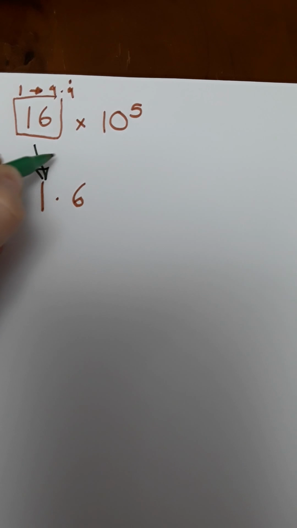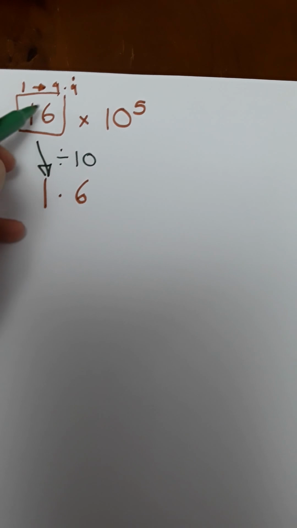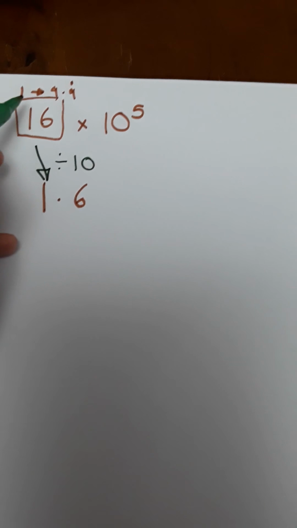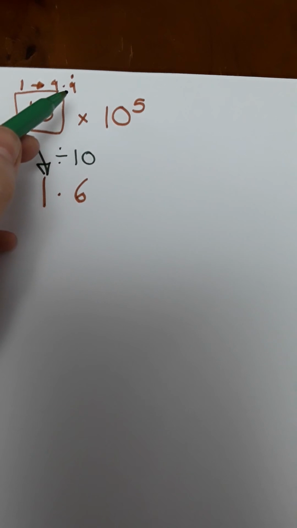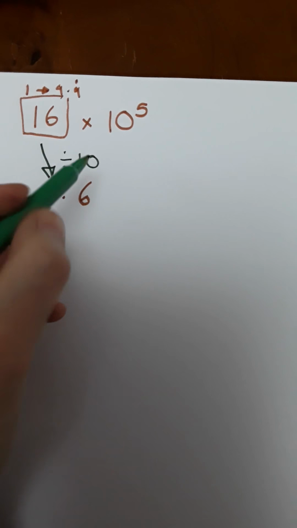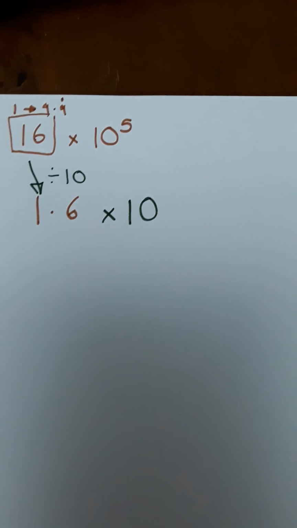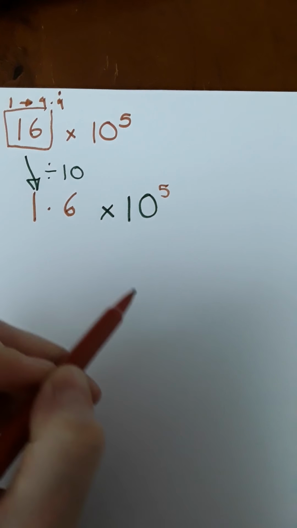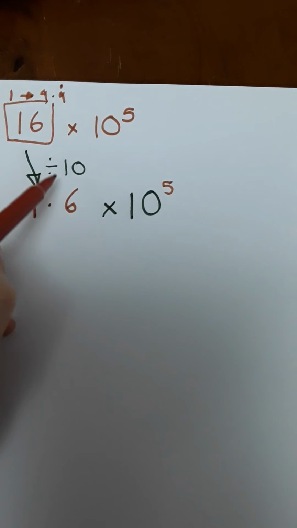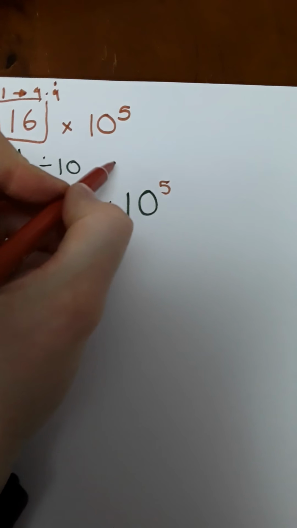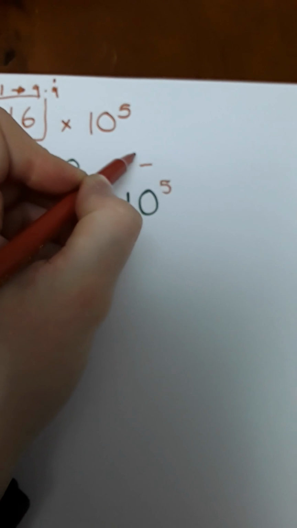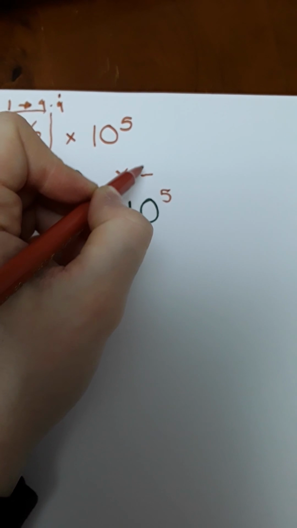So actually what I've done here is I've divided by 10 to make sure that it fits in between 1 and 9.9. The problem is people then forget and just write 10 to the 5 and keep it the same. But the thing you have to remember is whatever you do to this side, you have to undo at the other side to make sure that they keep the same relationship.